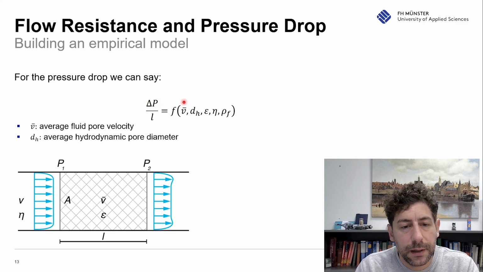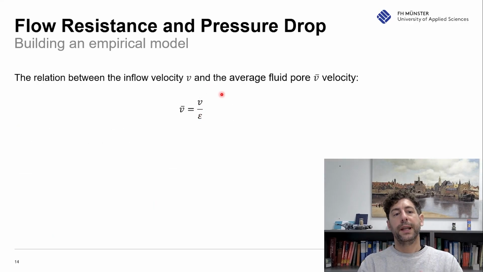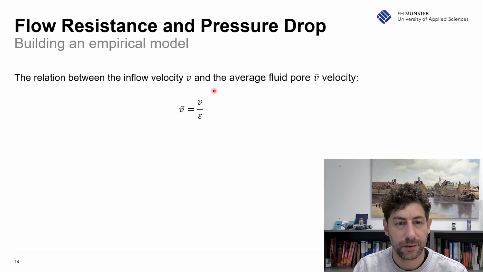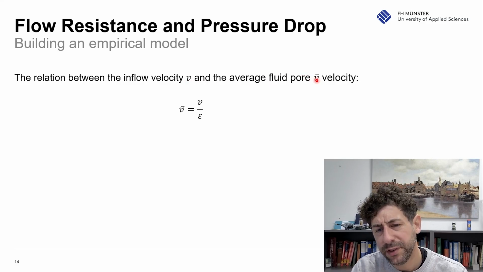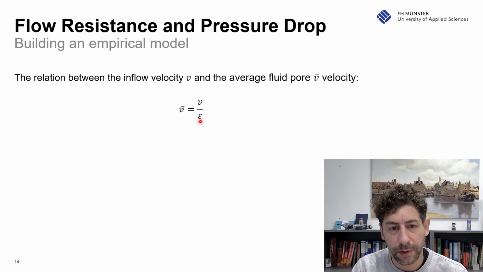But we would like to simplify the variables a little bit, and therefore we can say there is a relation between the inflow velocity and the average fluid pore velocity. The inflow velocity is very easy to measure. The velocity in the pores is not so easy to measure, but the inflow velocity divided by the porosity gives the fluid pore velocity.